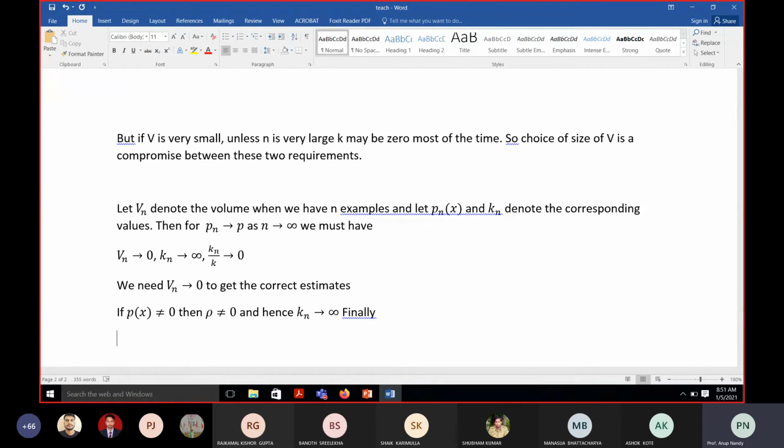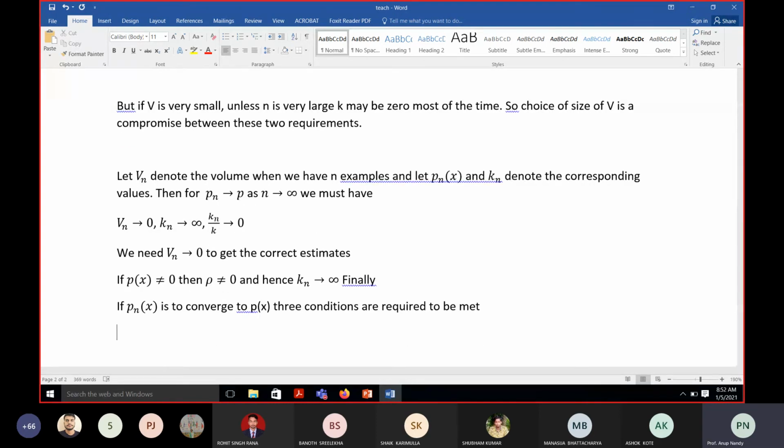So along these lines, it can be summarized that for pnx to converge to px, three conditions are required to be met.